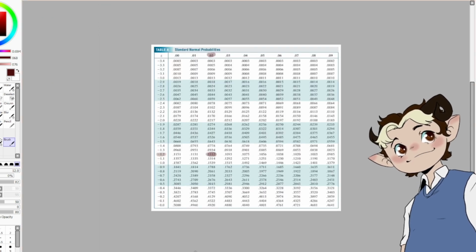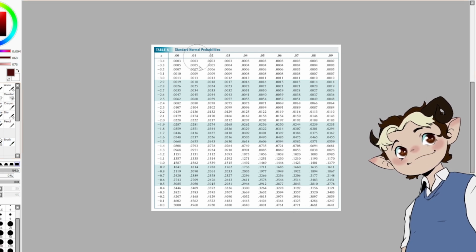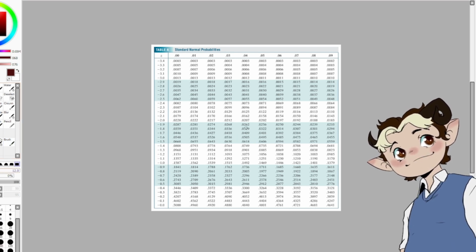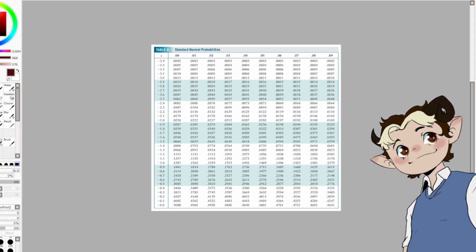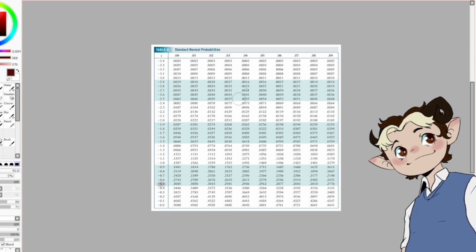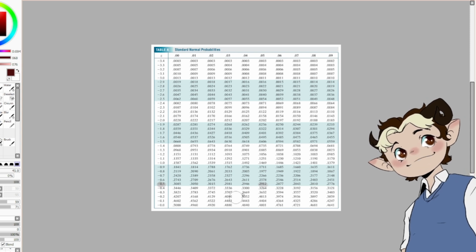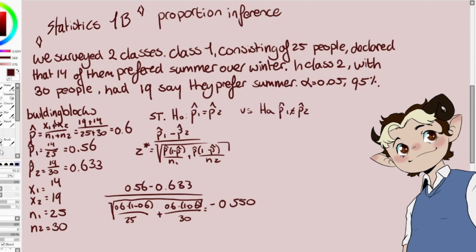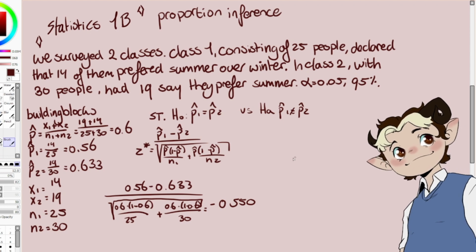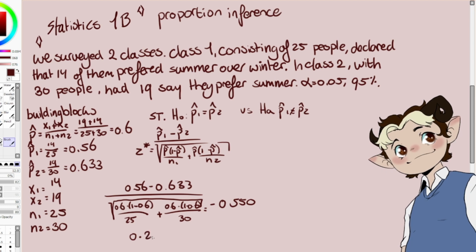Well, let's look that up in our sheet. So that is over here. That is minus 0.5 over here, and minus 0.5 over here, which gives us 0.2912.